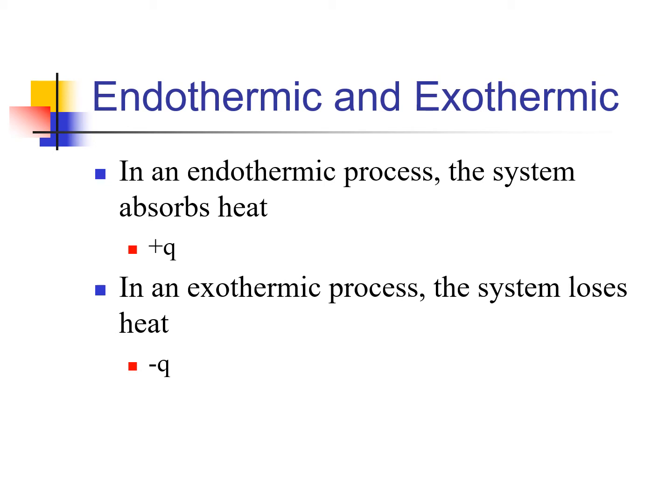That means the surroundings are gaining heat, meaning the heat came from the system, which means it would be exothermic. Likewise, if you put your hand near something and it feels cold, that means your hand is losing heat. That means the surroundings are losing heat. If the surroundings are losing it, it's going to the system, which means it's endothermic, plus Q.